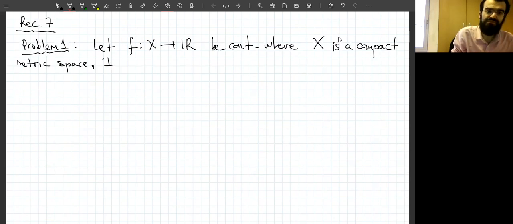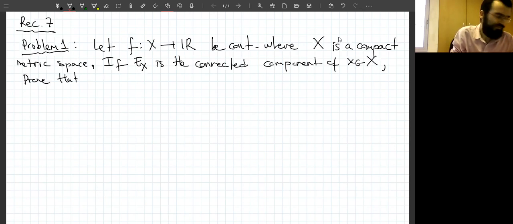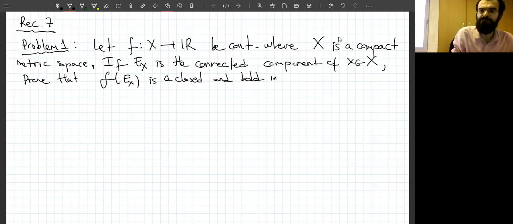If E_x is the connected component of x in X, prove that f(E_x) is a closed and bounded interval. Solution.